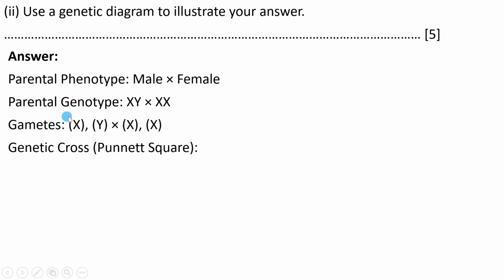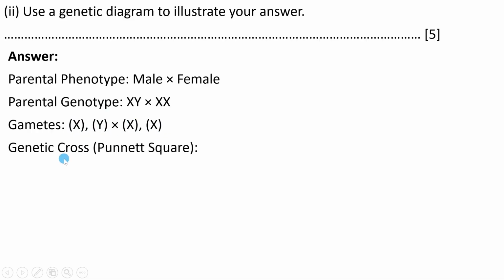Then when we go to parental genotype, the genetic makeup or the alleles they have for their sex, the male will always have XY, which crosses with the female, who will have XX. Then the gametes, which are going to cross, separate. So for the male, X and Y, and for the female, X and X.